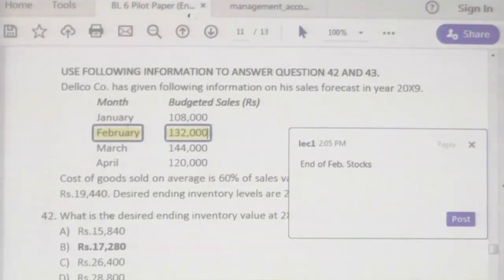Next month sales, that is March sales, is 144,000. This 144,000 represents the sales value, not the cost. However, let's take it and work out the cost. Now 20% of this will be the closing inventory for February. How much is 20% of this? That is 28,800.